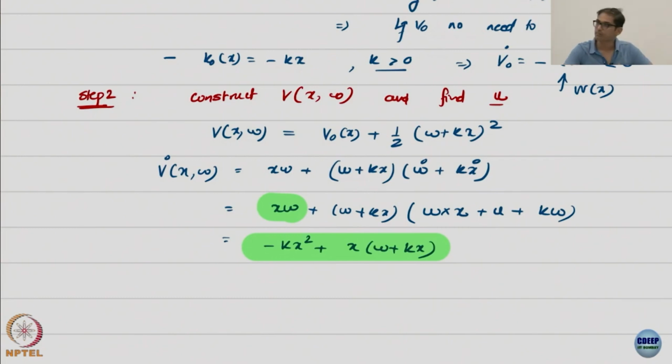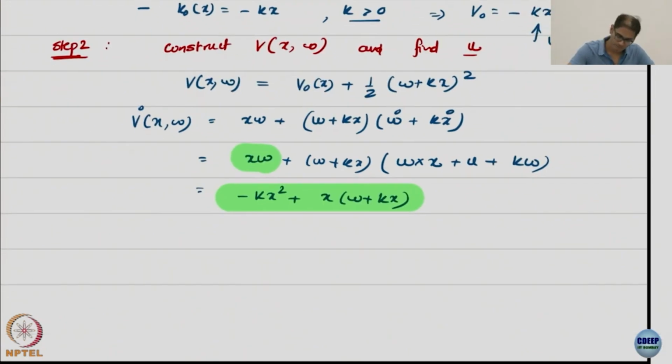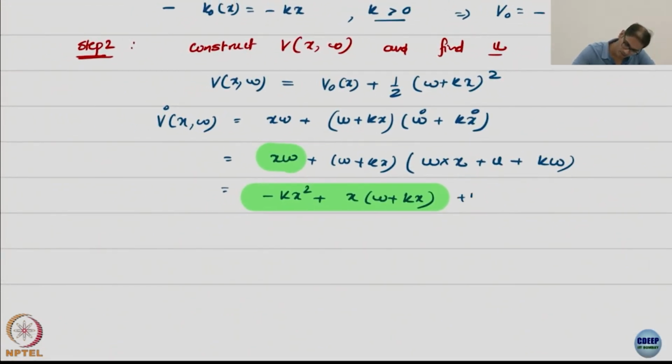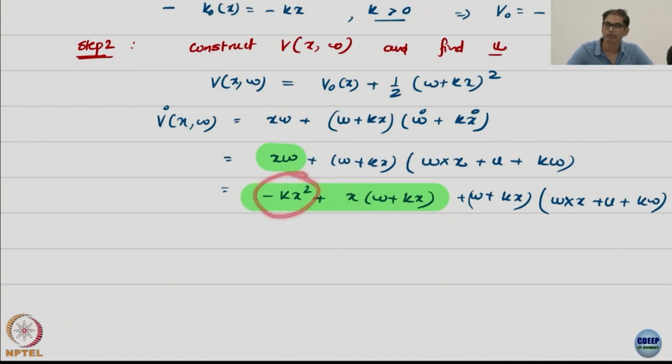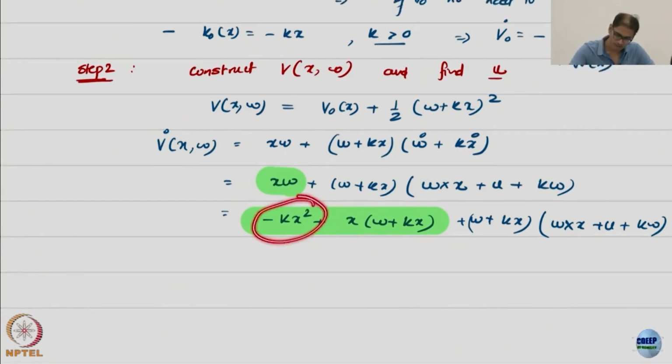We did this even in the previous steps, right, and omega plus kx times omega cross x plus u plus k omega. Yeah. Now notice that I already get the nice term, right, the wx already showed up, like it did in the general case also. This wx shows up immediately.